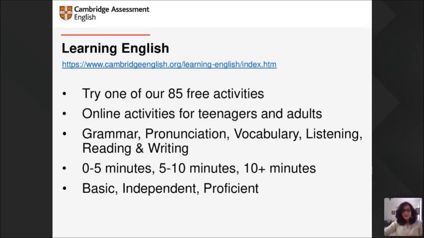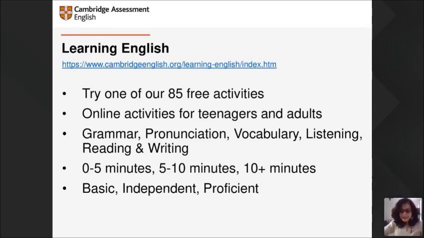There are as many as 85 free activities. There are online activities specially designed for teenagers and adults with a focus on grammar, some only on pronunciation, some which could have a vocabulary focus, some which are aimed at improving your listening skills, and some on your reading and writing skills.